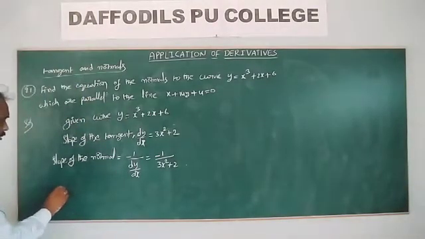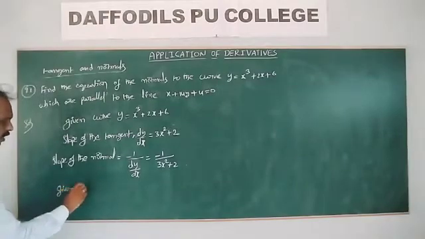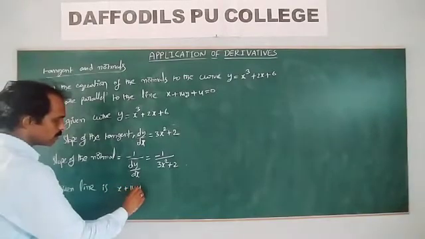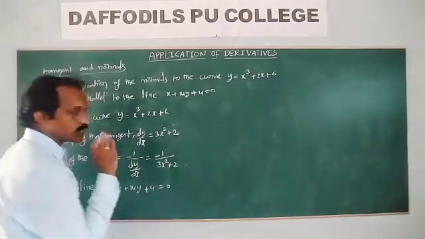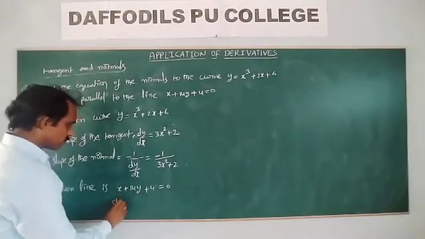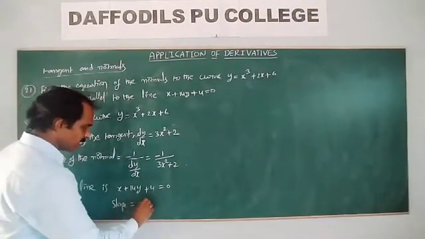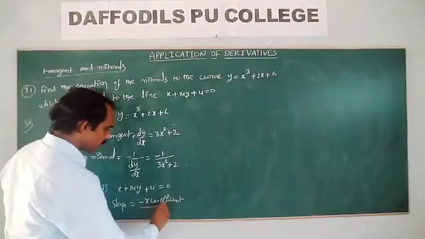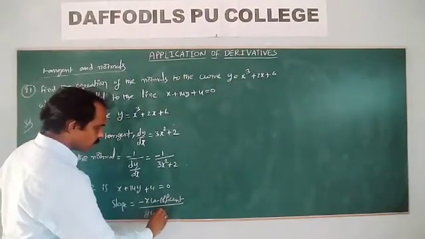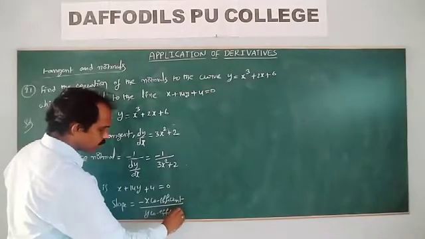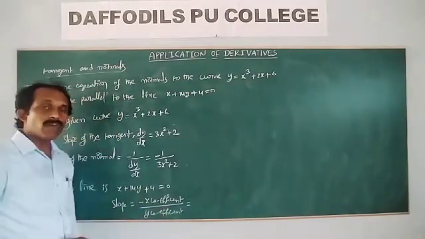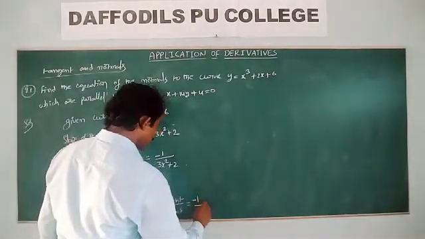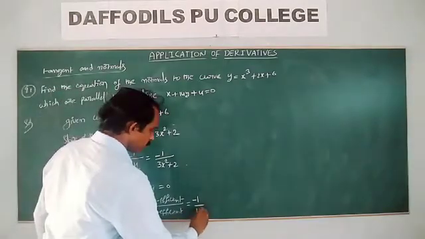The given line equation is x plus 14y plus 4 is equal to 0. What is the slope? Slope is equal to minus x coefficient divided by y coefficient. This is the direct formula without conversion. Otherwise, with y as the subject, y is equal to mx plus c, and the slope is minus x coefficient by y coefficient, minus 1 by 14.